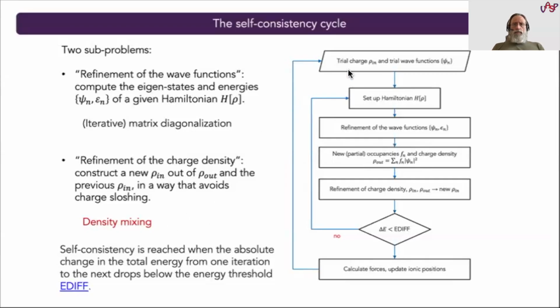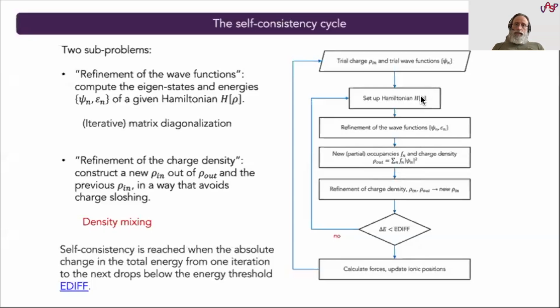So the whole scheme would go something like this. You start with a trial charge density, and normally in VASP those are overlapping atomic charges, and trial wave functions simply filled with random numbers. And for this initial charge density, you set up a Hamiltonian. Now you determine the eigenfunctions and eigenenergies for this Hamiltonian, and those give you new partial occupancies and a new charge density.